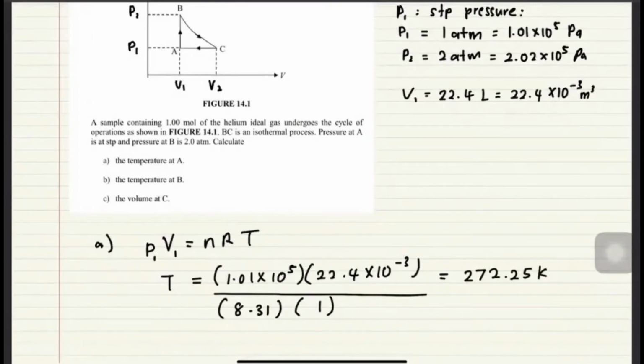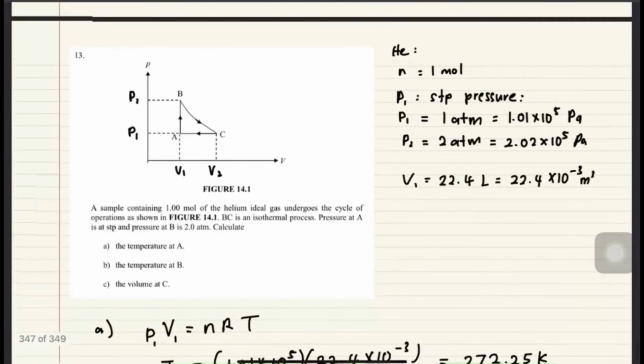Okay, maybe you might have a slight different answer if you use different values for your atm to Pascal conversion. It depends on the given constant dalam exam. Kalau dia kasi 3 decimal place, you use 3 decimal place and you might get a different answer.